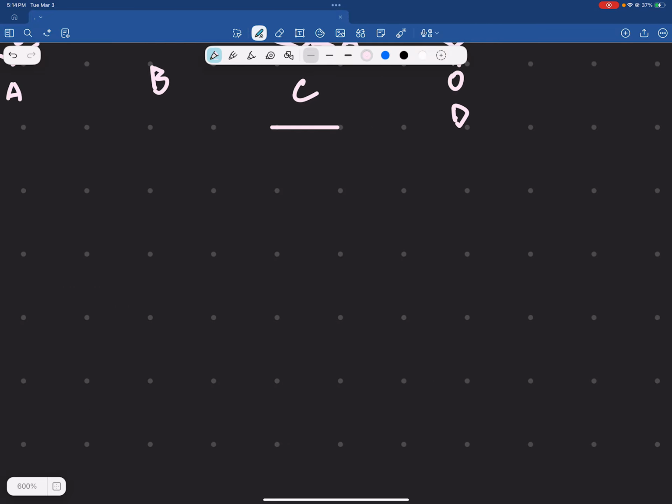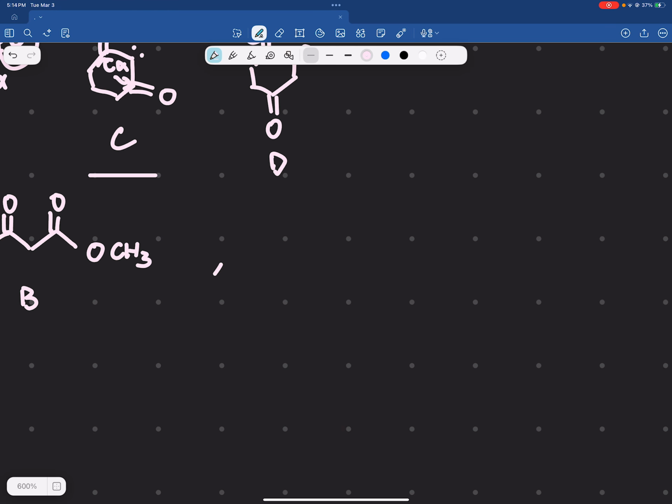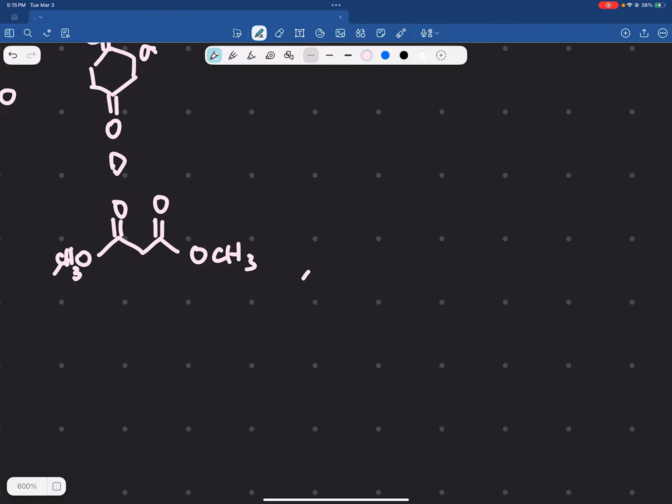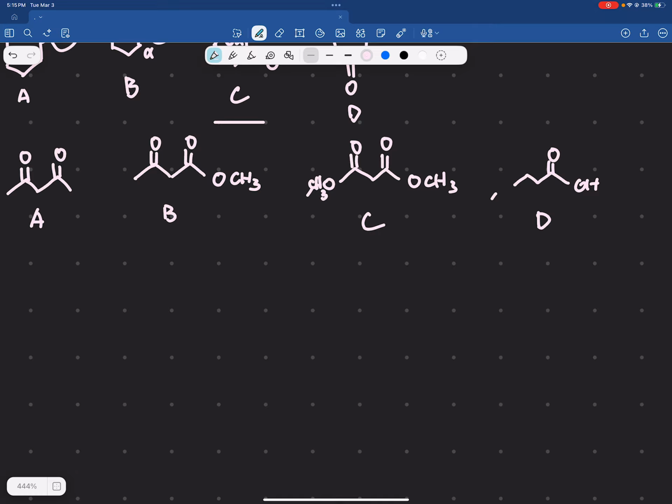So let's go on to a simpler question. If we had 4 compounds, let's call that A. Let's call that B. C and D. So out of these 4 compounds, which one is the most and least acidic?